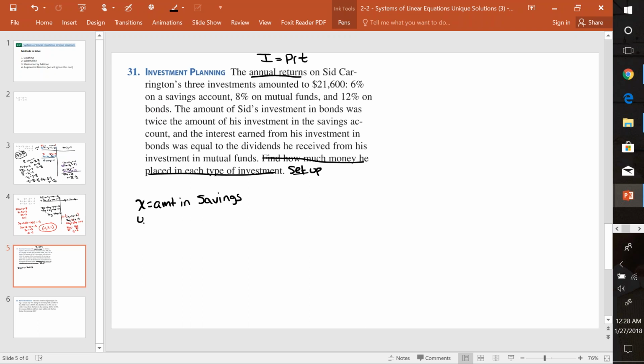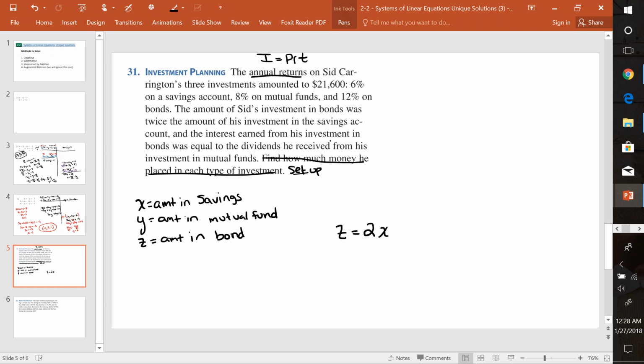We'll say that Y is the amount in the mutual fund, and we're going to let Z be the amount in the bonds. The amount of his investments in bonds was twice the amount of his investment in savings. So bonds, which is Z, is equal to twice savings, which is X. So that right there is one equation by itself. It's a relationship between bonds and savings.